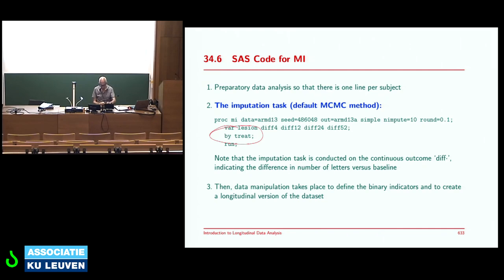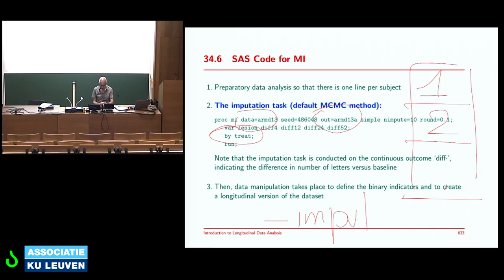Okay, there is the input data set and there is the output data set. The output data set is 10 times longer than the input data set because we always say there are 10 data sets, and there are logically 10 data sets, but practically they are stored in a single file. So you have a big data set now with blocks. That's the first data set, this is the second data set, etc. And they are distinguished from one another by the automatically created variable _imputation_.